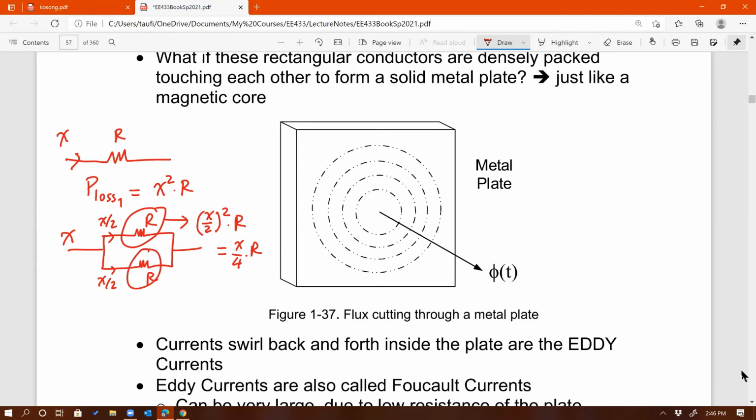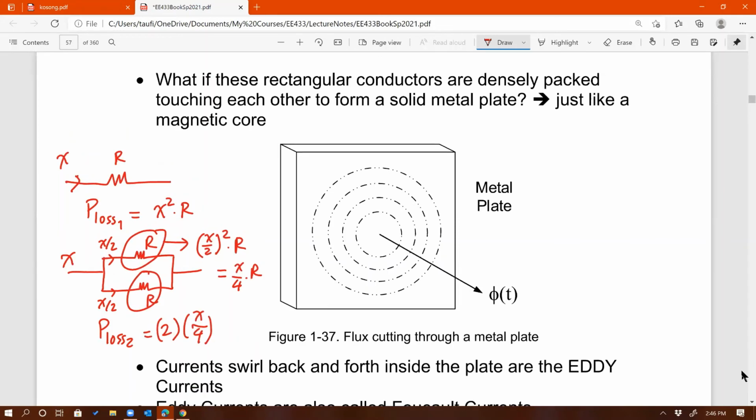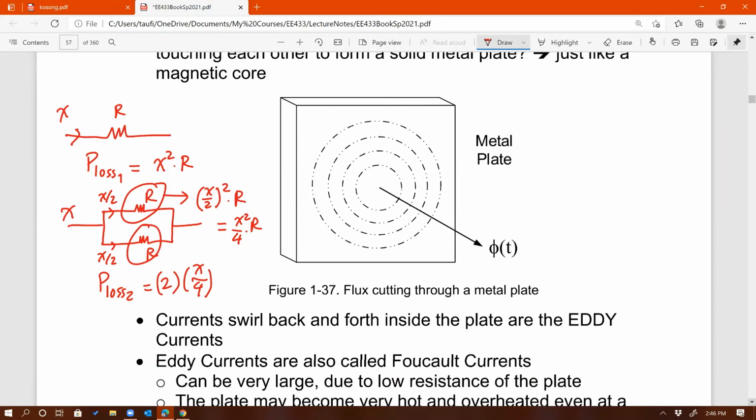So therefore, the total loss for the second case will be equal to 2 times X squared over 4 times R. I forgot the square. There you go. What is that equal to? X squared over 2 times R.